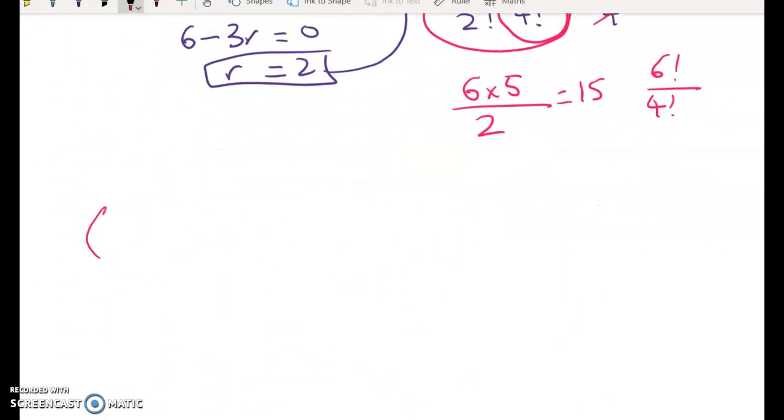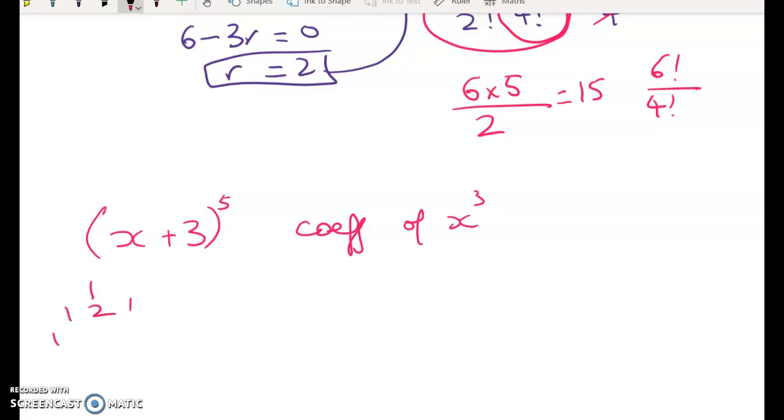Okay, so if we've got x plus 3 to the power of 5, and we want to find the coefficient of x cubed, we're just going to start doing the expansion. Scribble out Pascal's triangle again. And this is the row that we want.